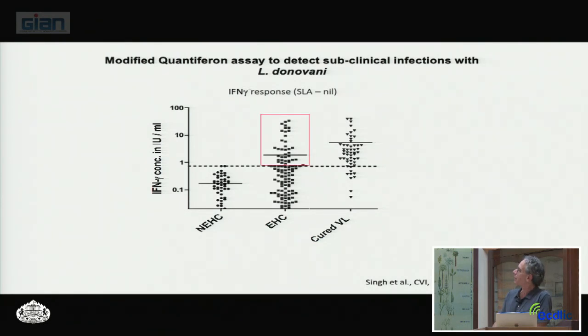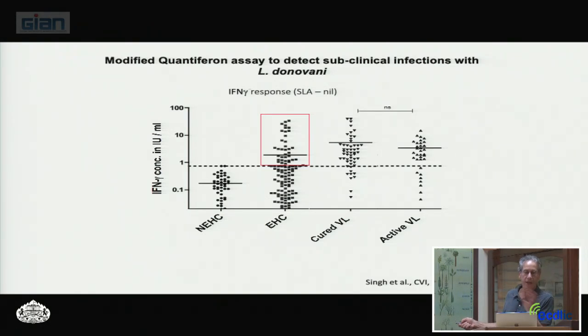What was surprising was when they looked at active VL cases before treatment, who had full-blown disease, most of them made really high levels of interferon gamma. That was completely different from what had been widely accepted, this antigen-specific unresponsiveness using peripheral blood cells.